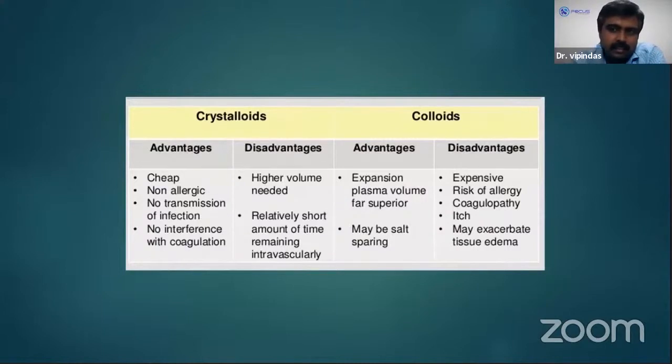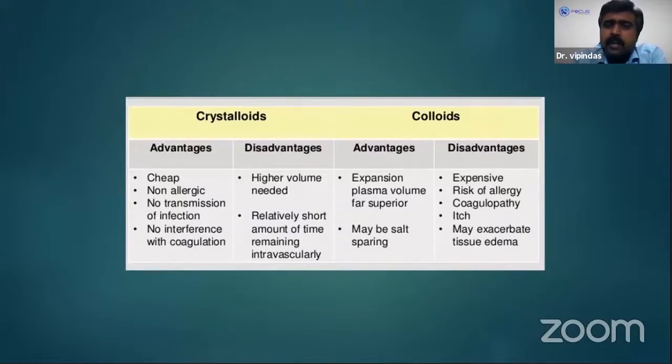So crystalloid, take saline as an example. It is cheap, non-allergic, there is no transmission of infection and no interference with the coagulation. But a very high volume is required and it remains intravascularly for a relatively short time.